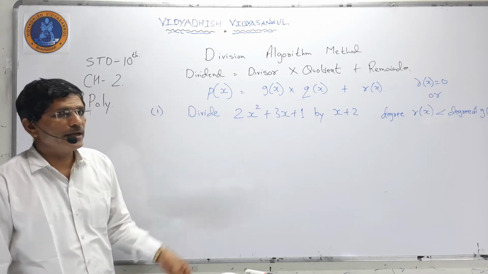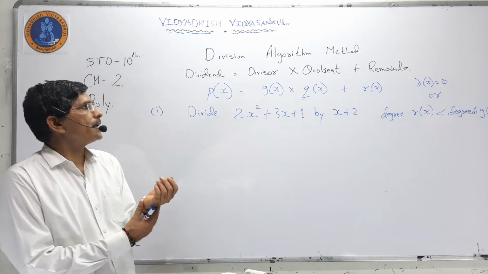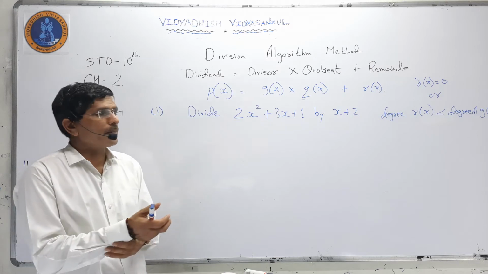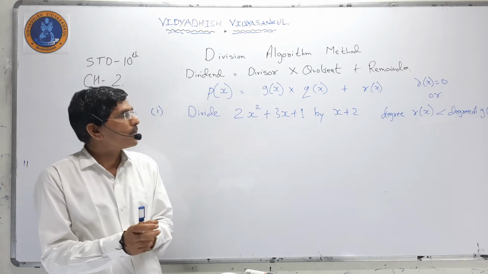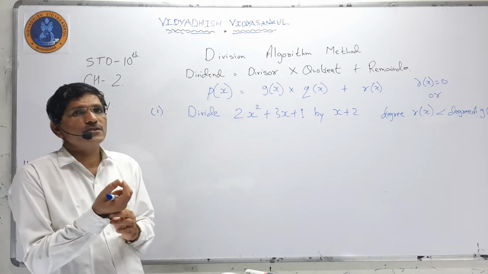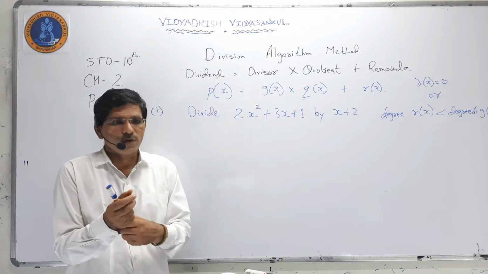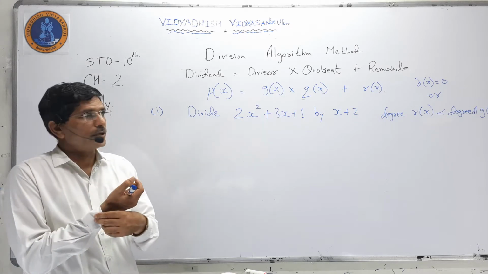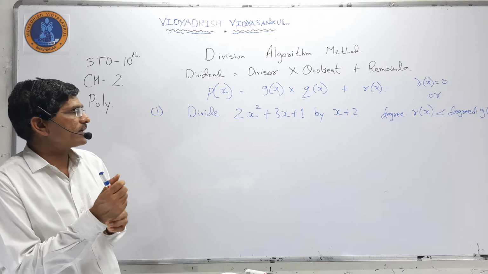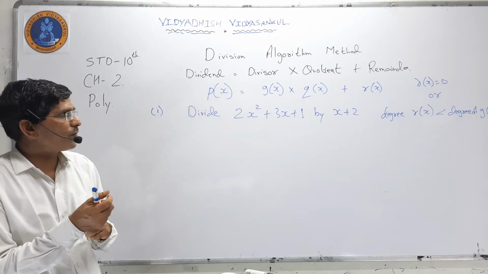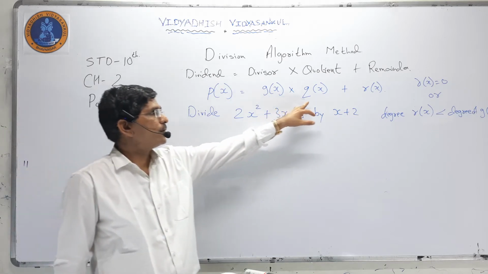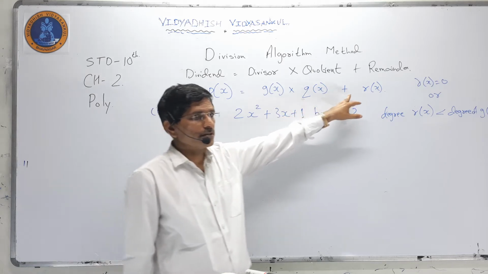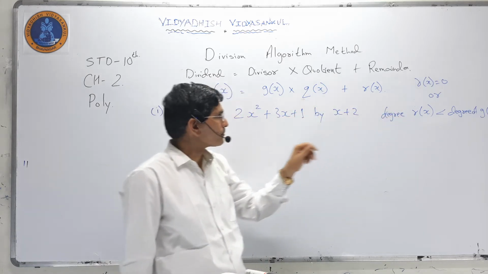Again, dividend is equal to divisor multiplied by quotient plus remainder. Symbolically, how can we write it? That is, p of x is equal to g of x multiplied by q of x plus r of x.